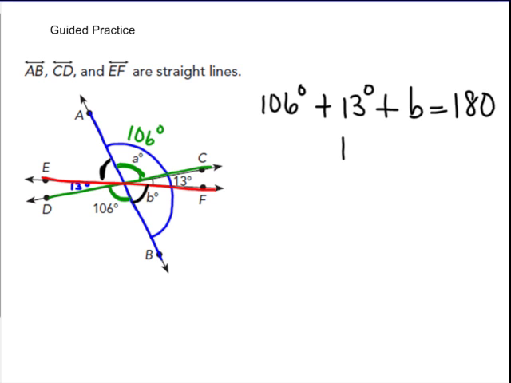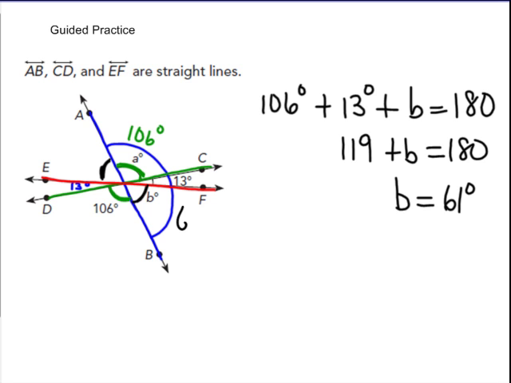So that's 119 plus some B equals 180. Subtracting 119 from both sides, you get B has to equal 61 degrees. So this is 61 degrees, and this side over here is 61 degrees. Didn't say we had to find that, but we could deduce all of those angles. And if I add 61, 106, 13, 61, 106, and 13, yes, I'm going to get 360 degrees.